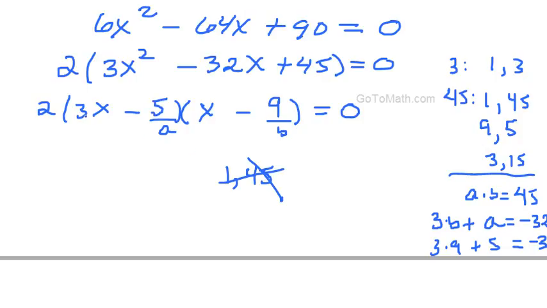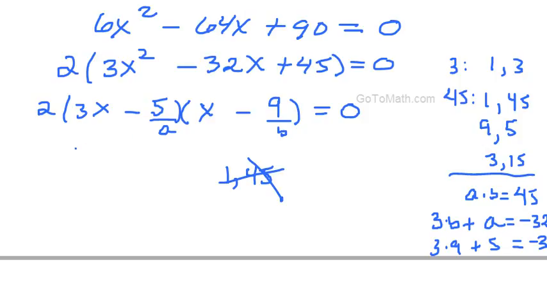All right, let's take a look at this. 3x times negative 9 is negative 27, and negative 27 minus 5 is negative 32, and negative 5 times negative 9 is positive 45. We got lucky on that.